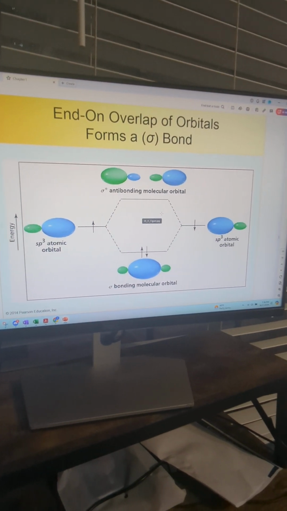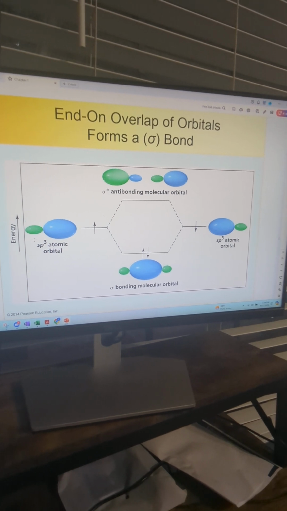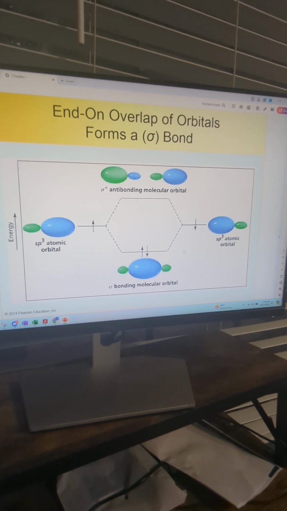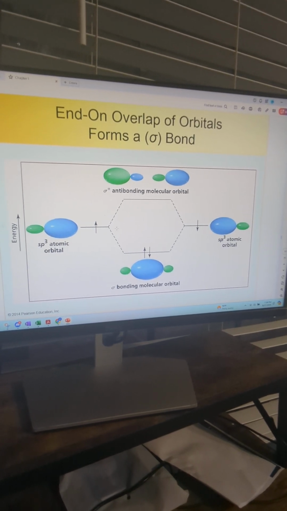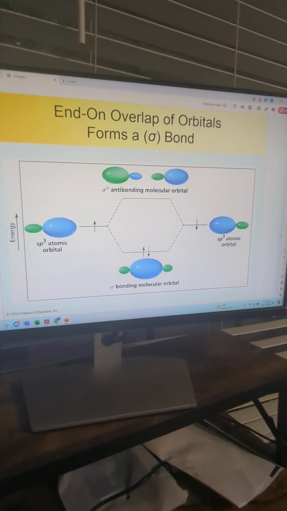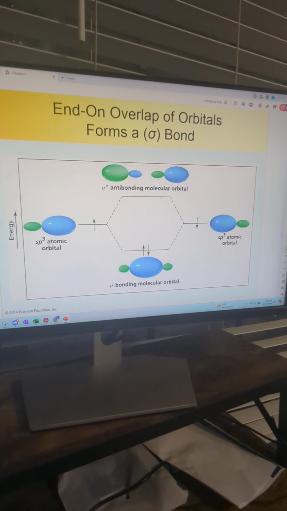If you represent it in the form of molecular orbital theory, this is how it's going to look. Two sp3 carbons come together so that the overlap forms the sigma bond. The antibonding is when you have the opposite lobes facing each other. That's why it is antibonding.